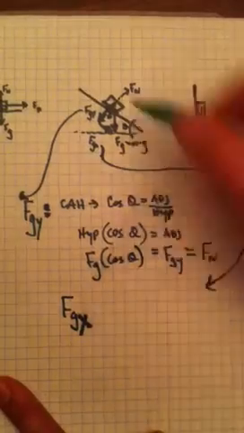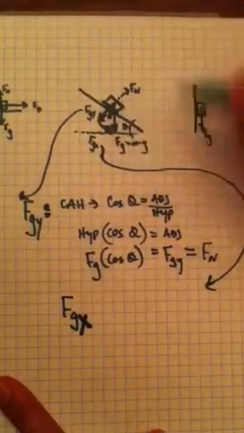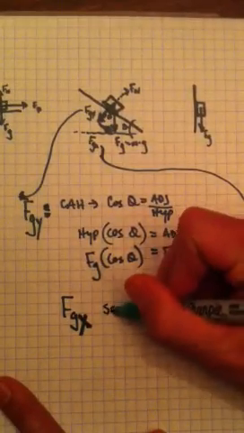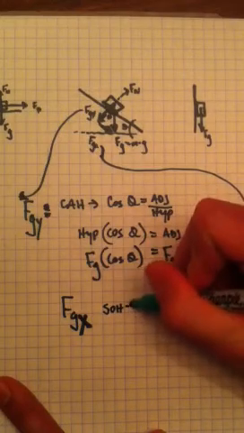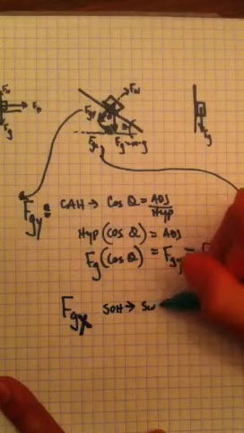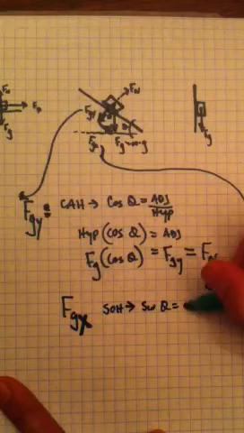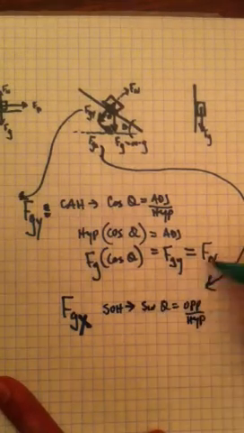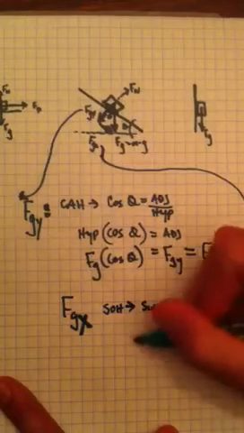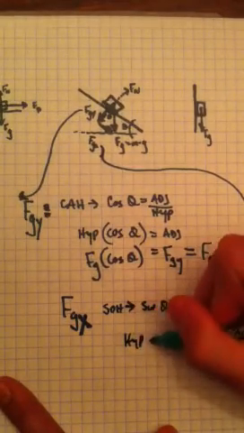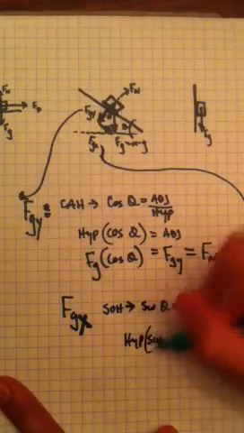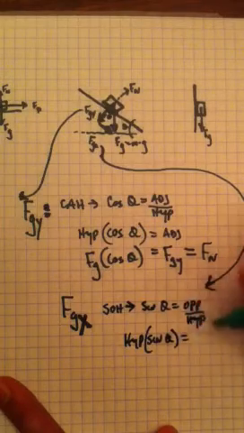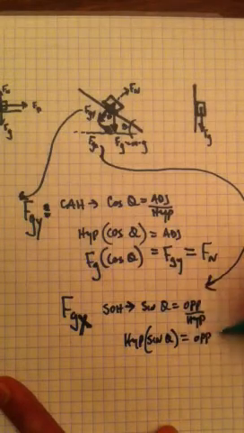So to do this one, since this is the opposite of the angle, we're going to use SO: sine theta is opposite over hypotenuse. We rearrange this: hypotenuse times the sine theta equals opposite.